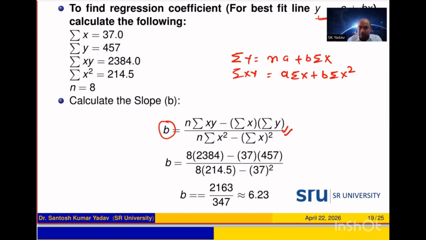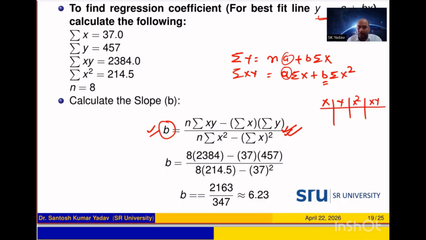So here, if I eliminate a from equations 1 and 2, and then simplify for b, I will get this expression. So you can memorize this to directly compute b, and the columns required for this are x, y, x square and xy.